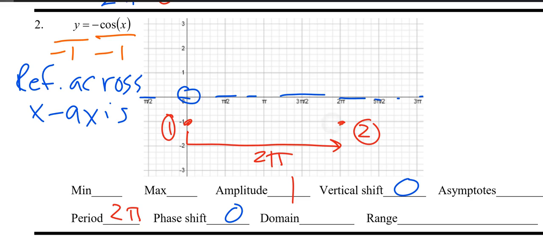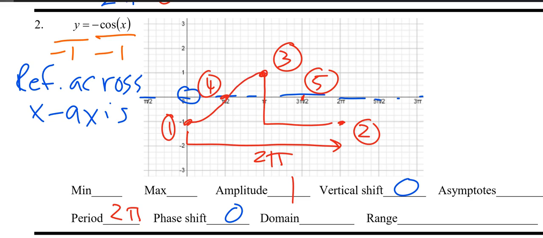Halfway in the middle, where do I go? I go up. And then 4 and 5 are easy to find because they're halfway in between. So we have our reflection.